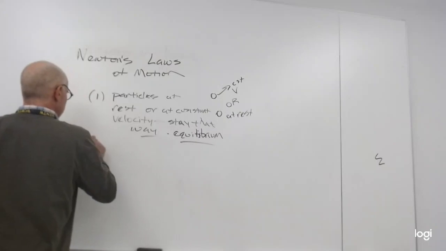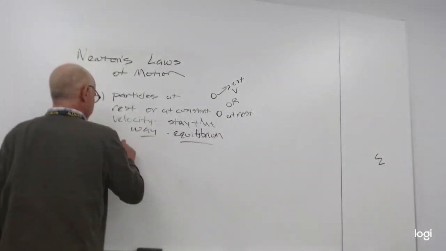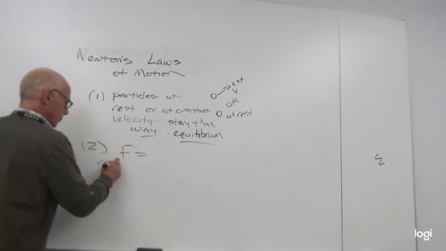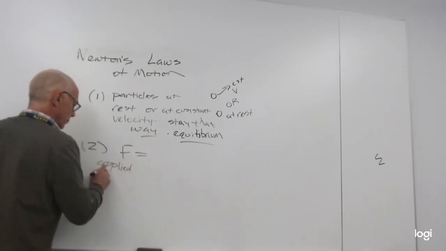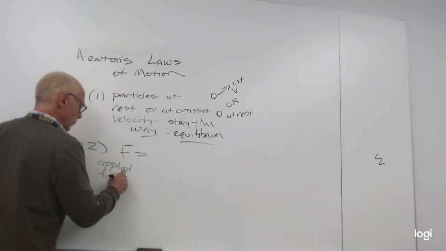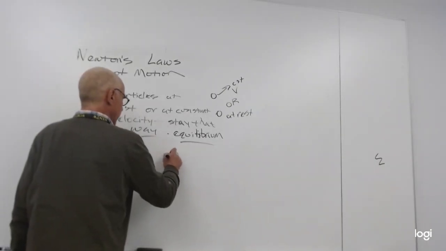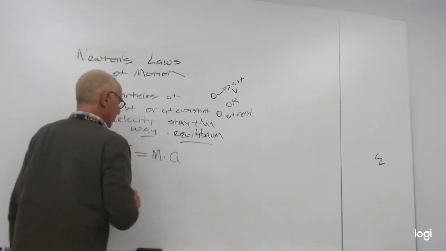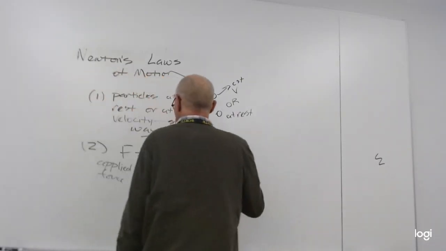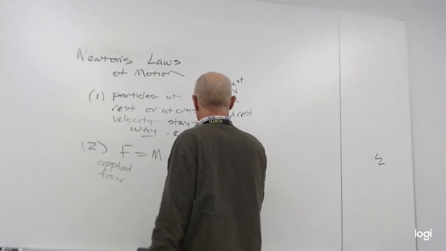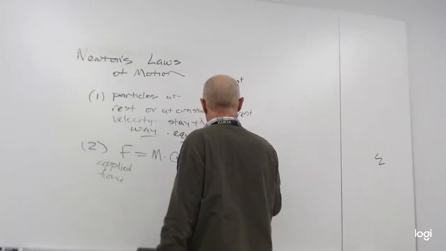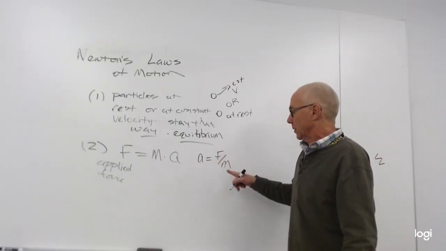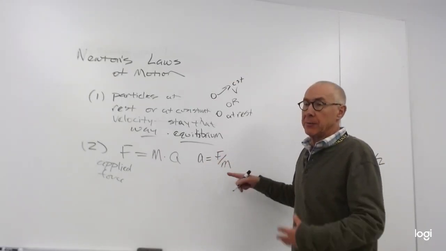So in short terms, your applied force results in an acceleration, but it's times the mass. And I like writing it a little differently: acceleration equals the force divided by the mass. So the acceleration is proportional to the force and inversely proportional to the mass of the object.